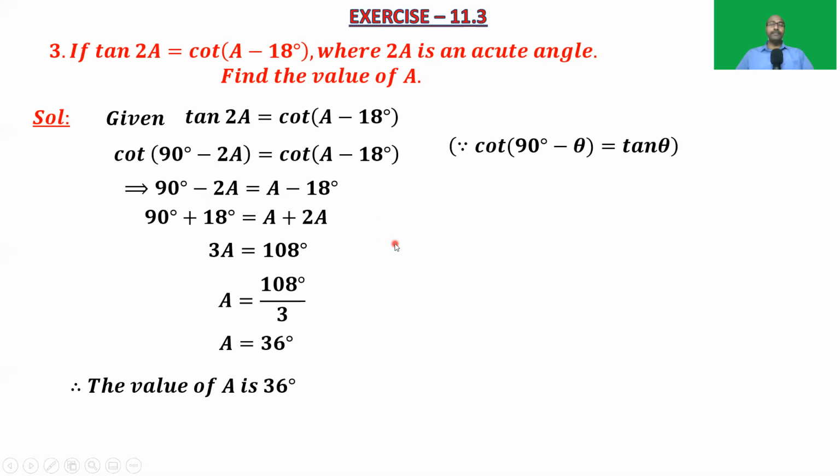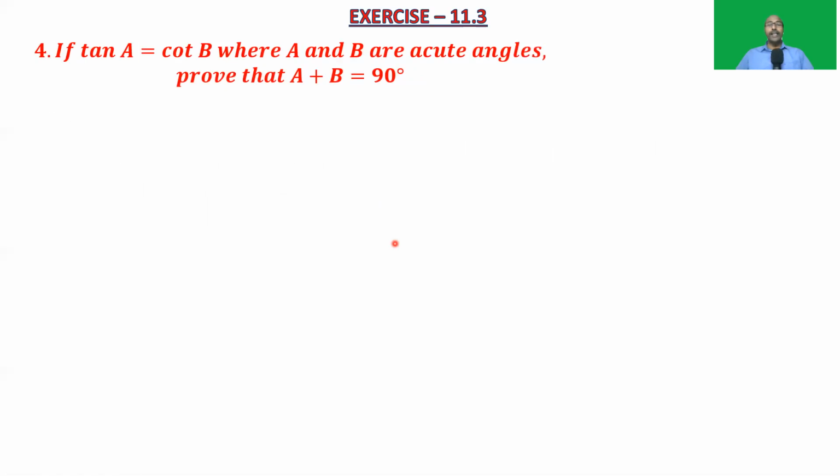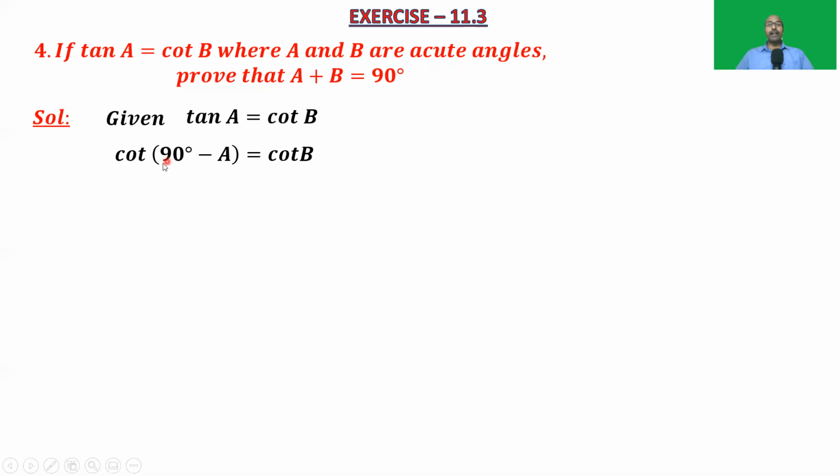Let's take another one. The fourth one is, if tan A is equal to cot B, where A and B are acute angles, prove that A plus B is equal to 90 degrees. So here the given one is tan A is equal to cot B. So change tan A as cot of 90 degrees minus A, because cot of 90 minus theta is equal to tan theta.